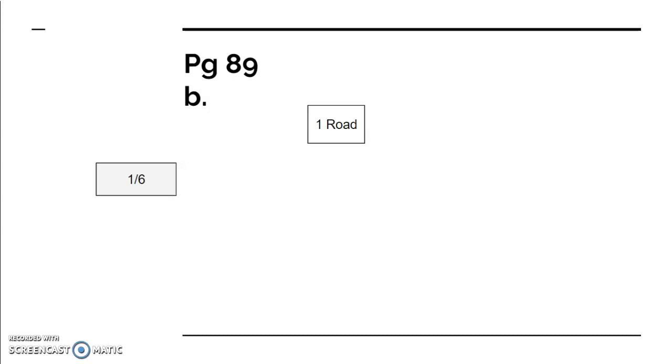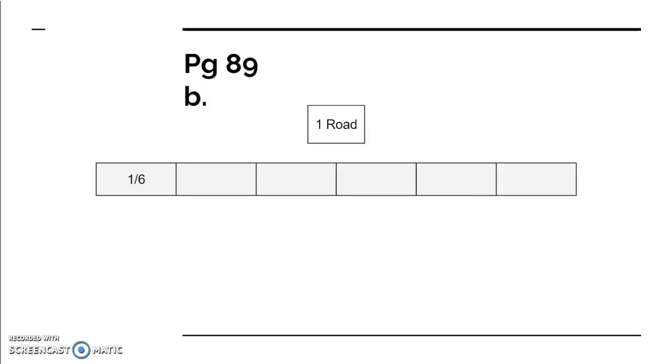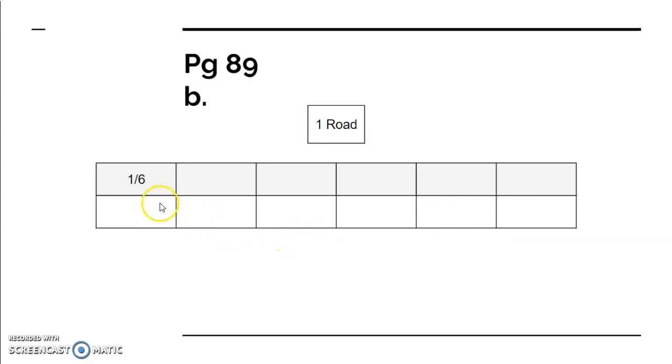Because it's 1/6, we are going to have 6 equal pieces that will equal that one road. So again, if I cut this whole entire road into 6 equal pieces, I'm going to get 1/6 here, 1/6 here, 1/6 here, 1/6 here, 1/6 here, and 1/6 here. And then if I add them all together, one entire road, I get 6/6.